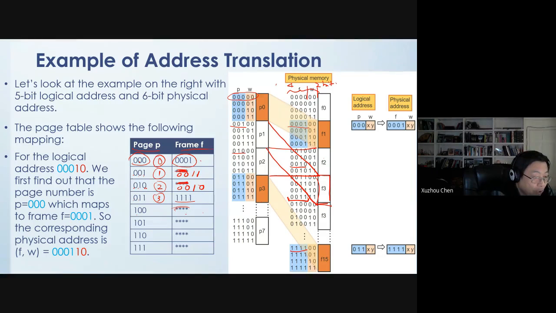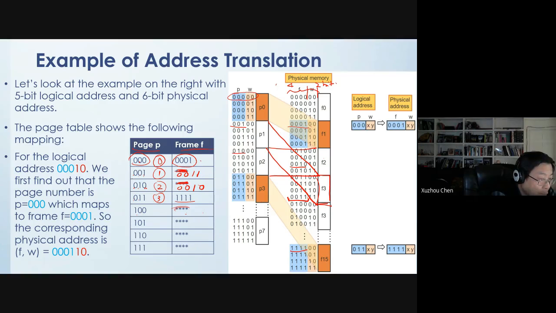So the first instruction is located at logical address 00000. When the CPU tries to fetch the instruction, it is not going to fetch from the logical address, because the logical address is an imaginary memory address; the actual instruction is loaded into the physical memory.